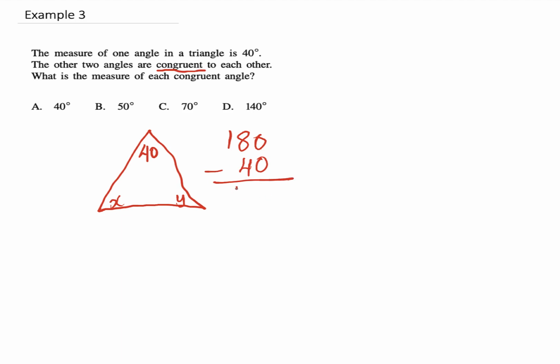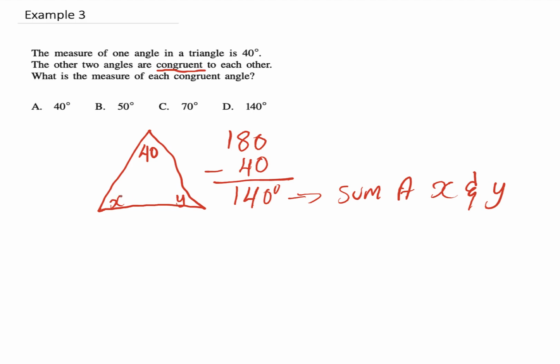That gives me 140. Now remember, this 140 is my X and Y together. So this 140 is the sum of X and Y, which are the 2 remaining angles. But we want the measure of each angle.